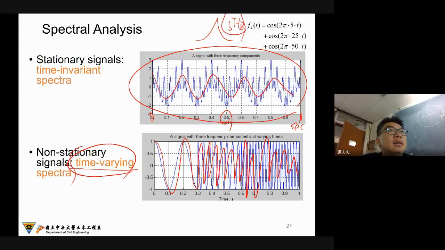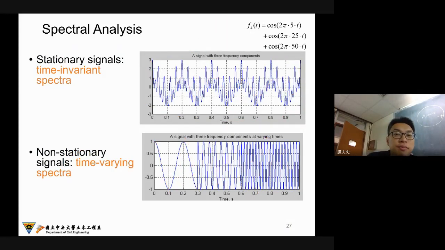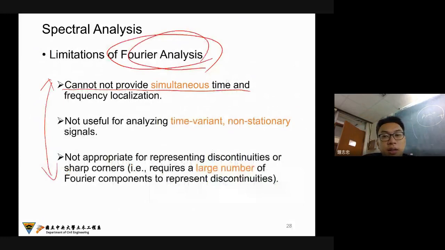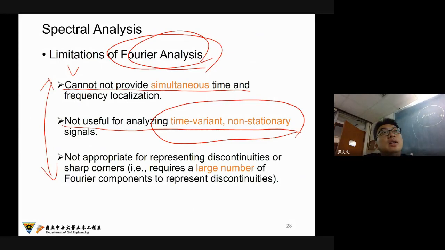I cannot say that because this is the limitation of the Fourier transform. So this is the first one. And sometimes this can only be used for time invariant or stationary signals. For time variant and non-stationary signals, it is not so good to apply the Fourier transform. Okay.